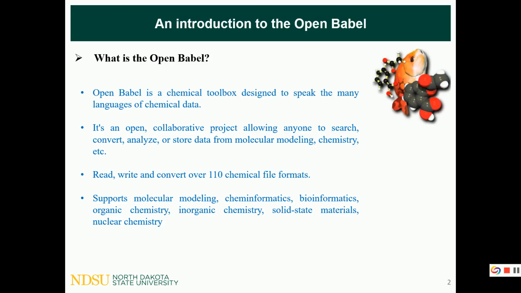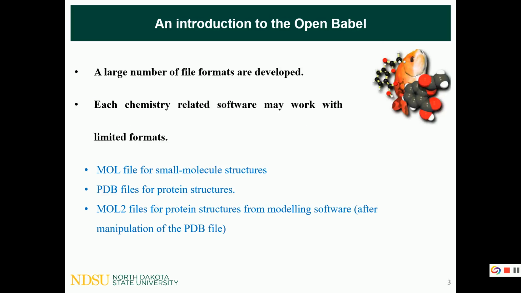They claim that they can convert 110 chemical file formats. This software is useful because these days a lot of software has been developed to help researchers do computational research on chemistry.